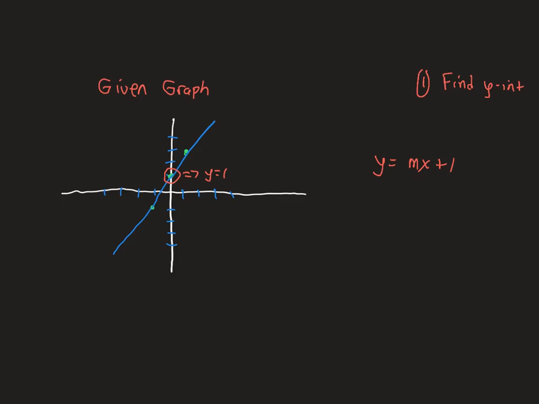And the second thing is you find your slope, and you find your slope using rise over run. So I'm going to erase this to get this out of the way. Now when you want to do rise over run, you just quite simply go from your first point here, and you want to see how far it went to the right or left, and how far it went up and down each time to get to this point.